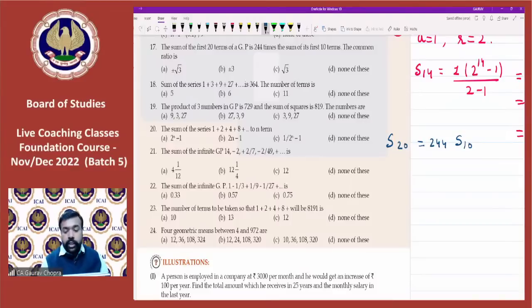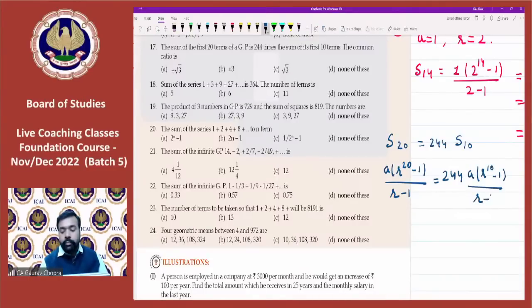So for 20 terms, it is A multiplied by r to the power of 20 minus 1 divided by r minus 1, equal to 244 times A r to the power of 10 minus 1 upon r minus 1. So this is the formula. Now what we can do? We can do the cancellations.